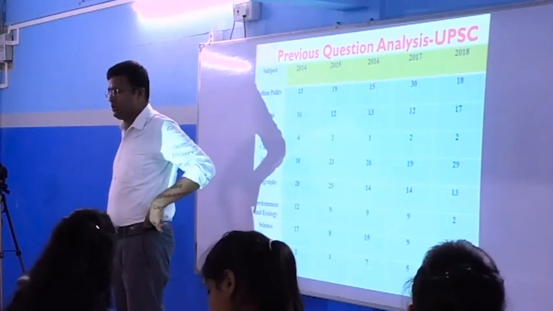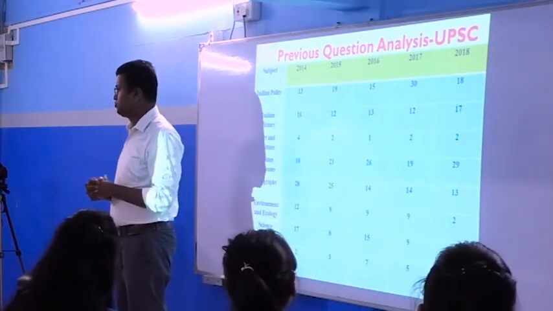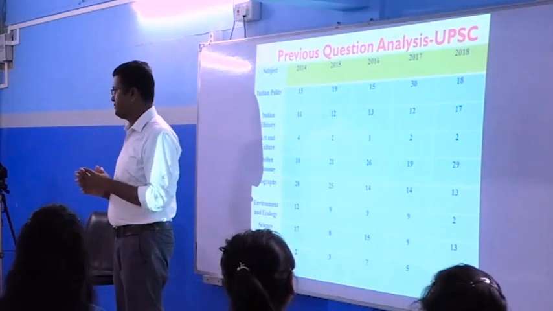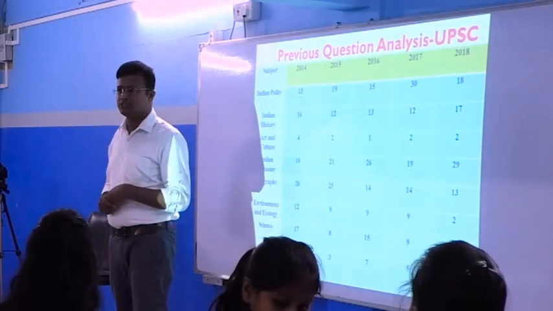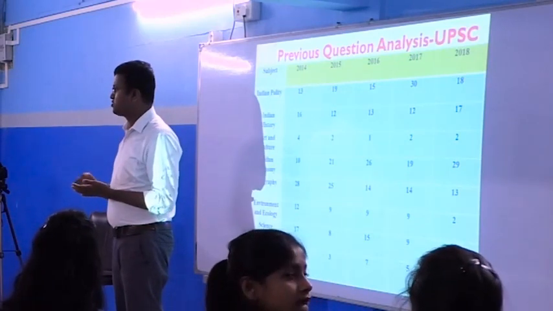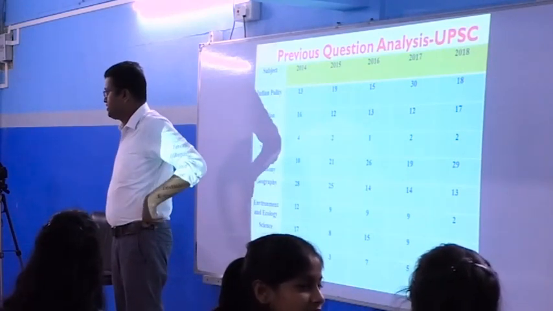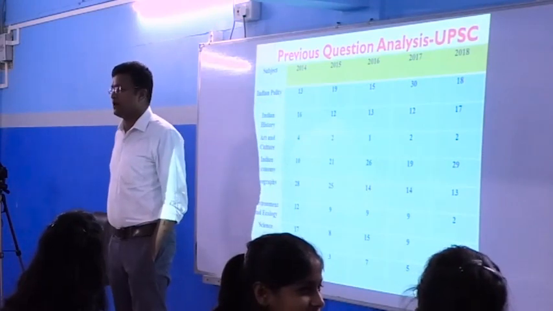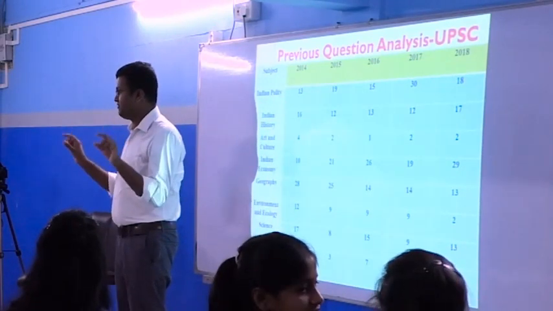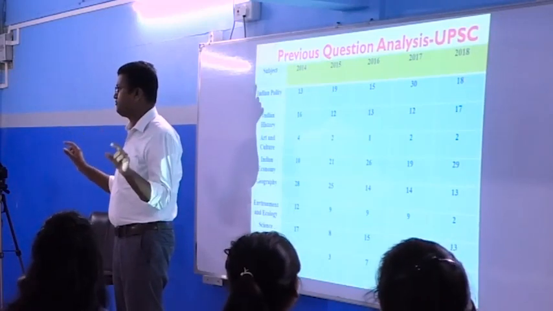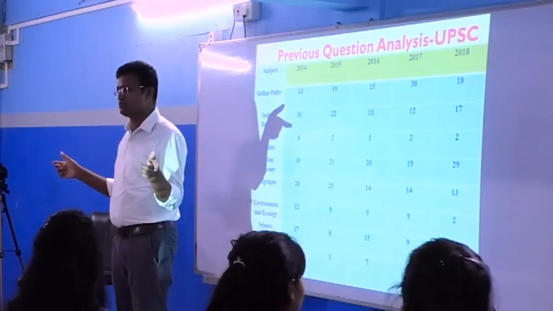For example, right to life and personal liberty is a fundamental right in the Constitution. They will not ask you which article talks about the right to life and personal liberty. They will give you one sentence, for example, right to privacy is a fundamental right of the Indian Constitution. Is it correct or not?